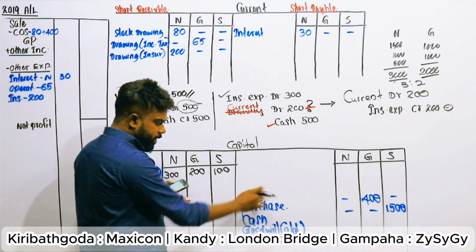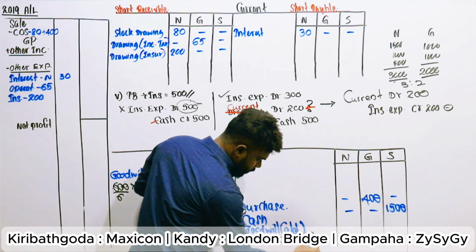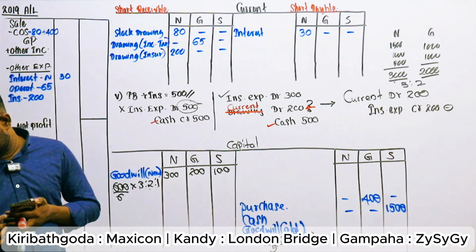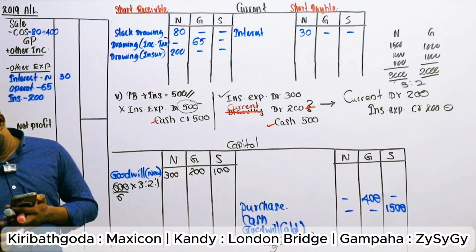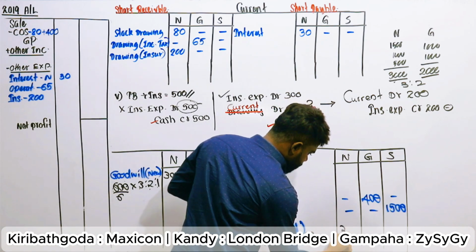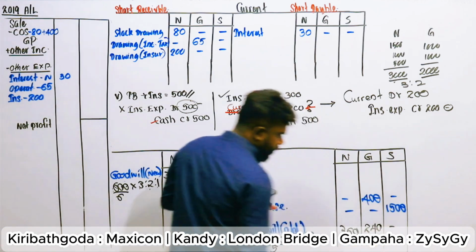You have to record those things here. Therefore, ratio 3 is to 2. Divide by 5: 360, 240.